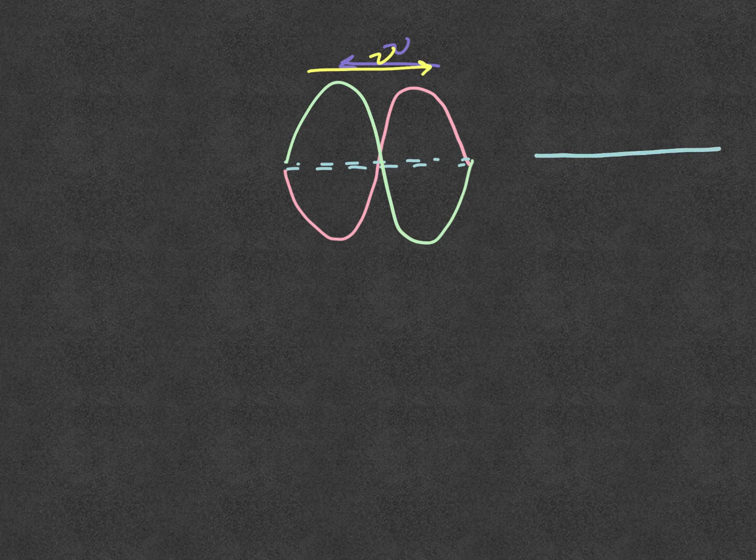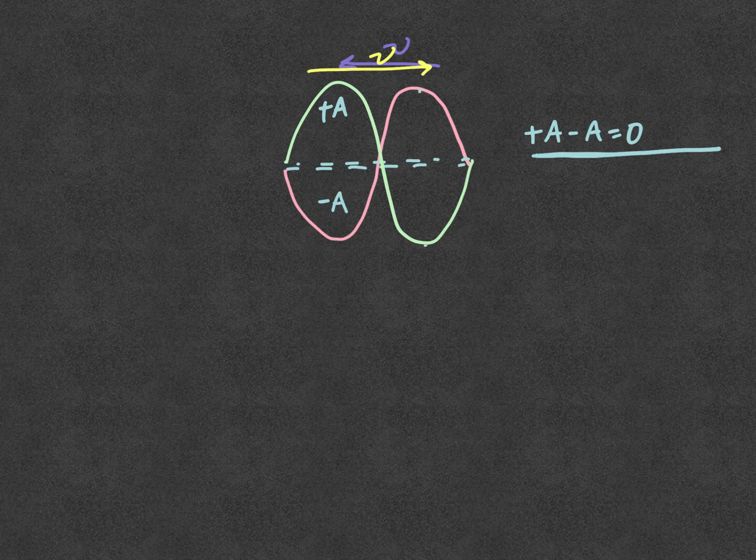The positive amplitude and the negative amplitude, when added together, so positive A minus A for amplitude, is equal to 0. So we get a 0 amplitude for both of these two places in our wave.